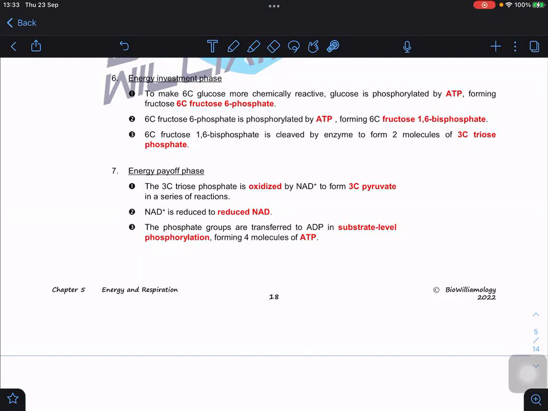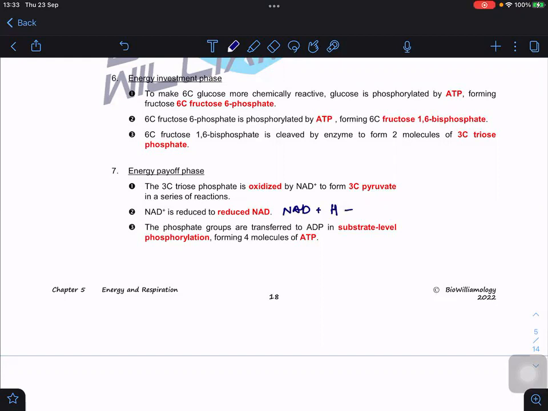Now we begin with the payoff phase. This 3 carbon triose phosphate, we oxidize to form 3 carbon pyruvate. During this process, NAD is reduced to reduced NAD. You can write down that NAD actually receives not a proton, but a hydrogen atom. Be careful when you write, it's a hydrogen atom.